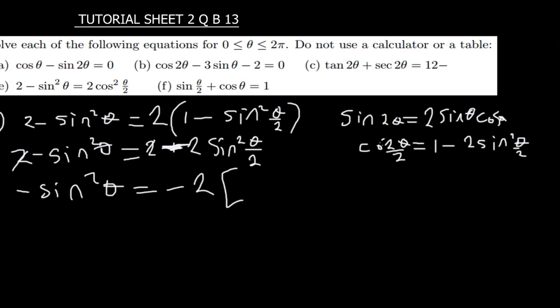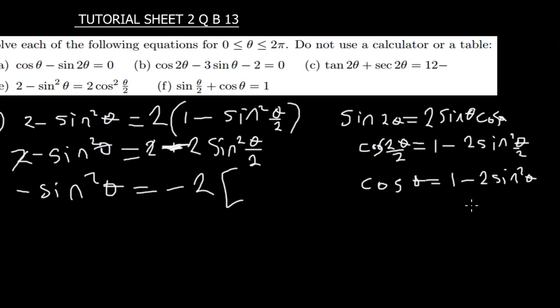So I'm going to have something like this, cos theta is equal to 1 minus 2 sine squared theta. Like that.